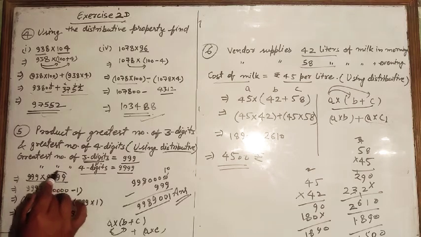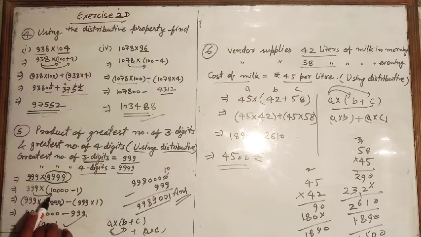We write one number such that two terms are there: we can write 10,000 minus 1 as 9,999. Now in the distributive property, this one is a, this one is b, this one is c. So we write a into b minus a into c, that is 999 into 10,000 minus 999 into 1.